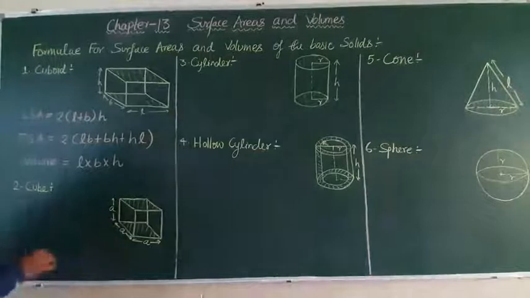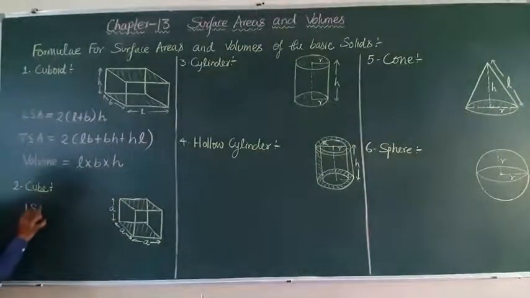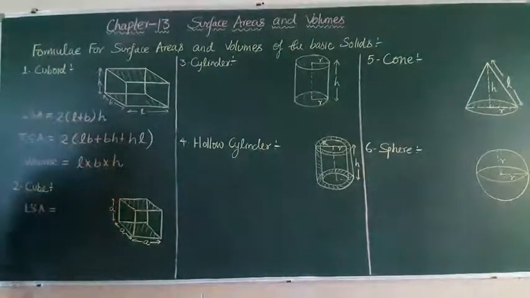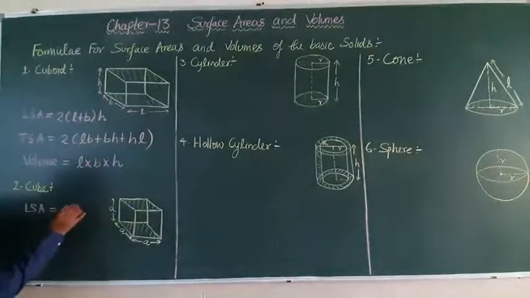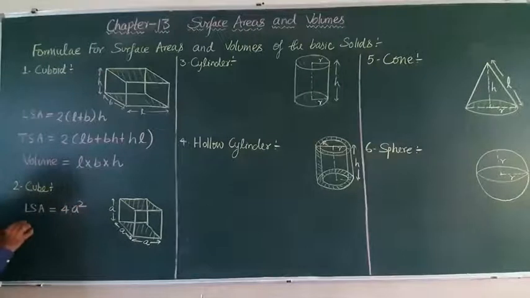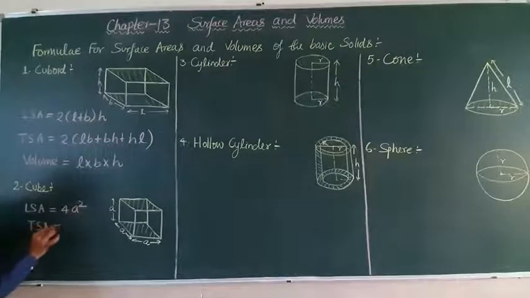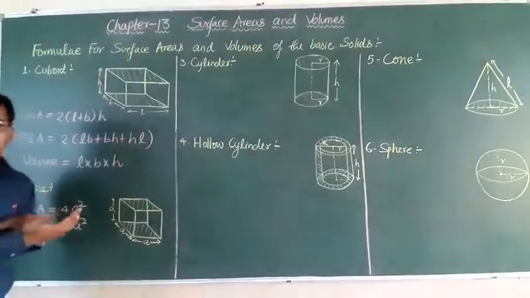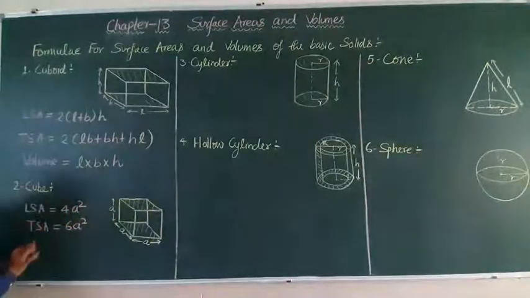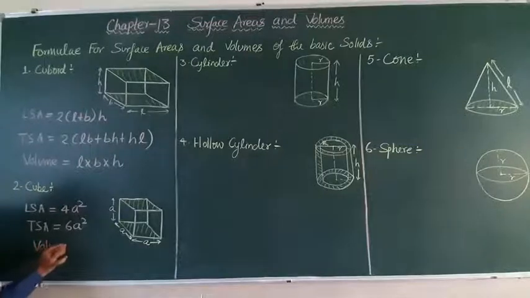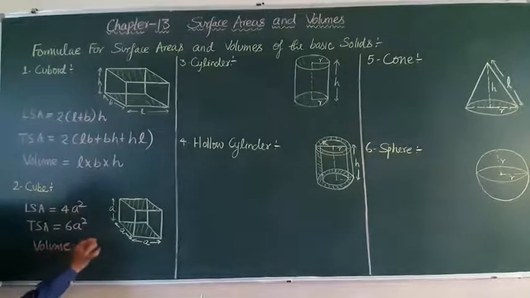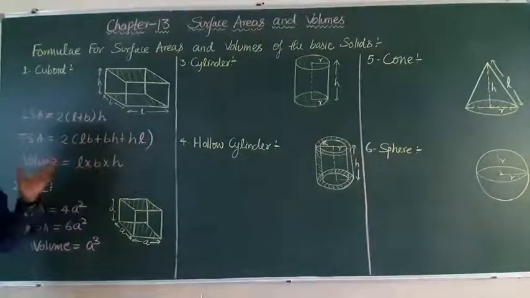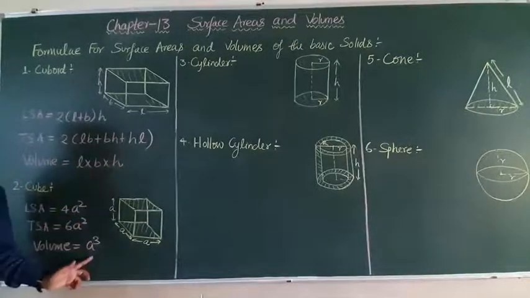Now for the cube, LSA means area of four faces excluding top and bottom, so it will be 4a square. And for the TSA, it is 6a square, because top and bottom are included in this case. Now for the volume of the cube, L is a, B is a, H is a. So a into a into a, that means a cube.